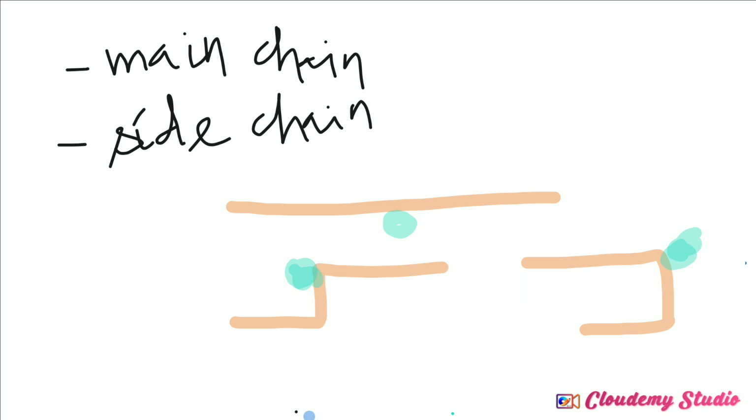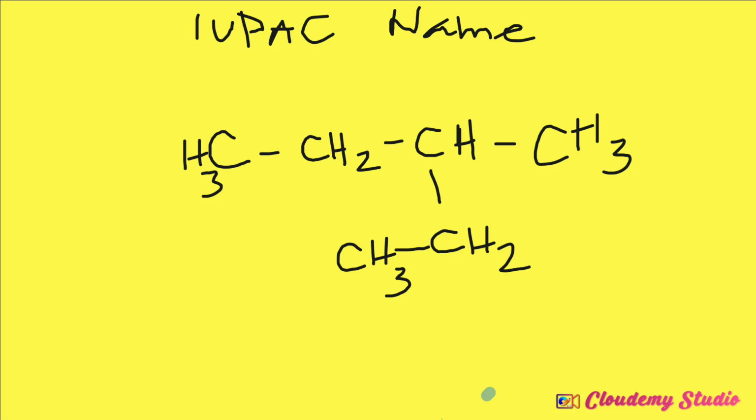So three possible ways of the chain we have identified from the given hydrocarbon.